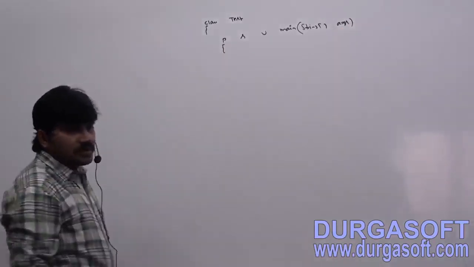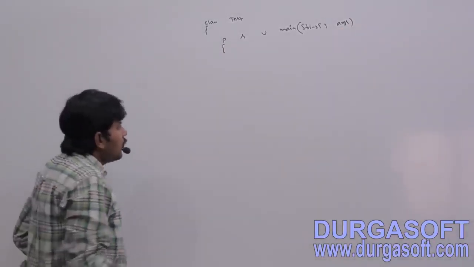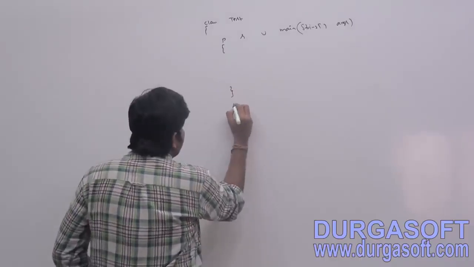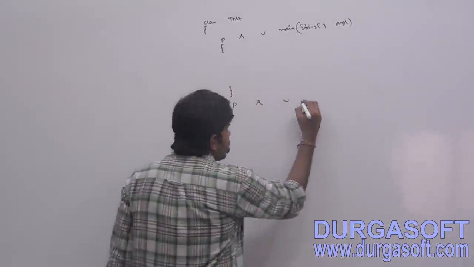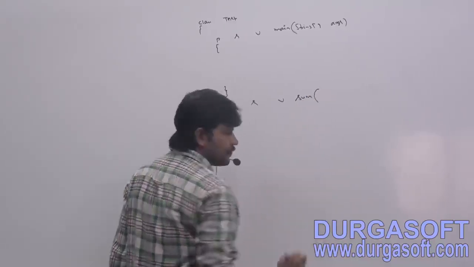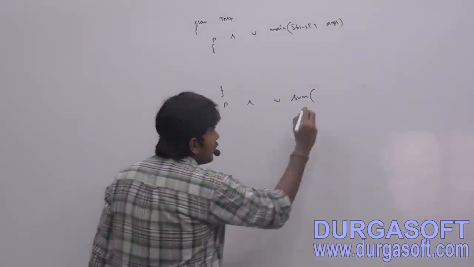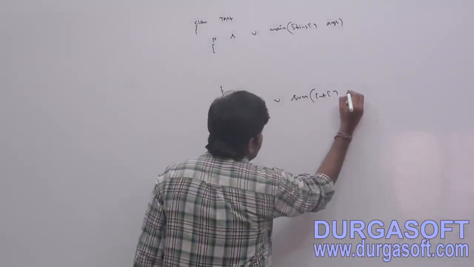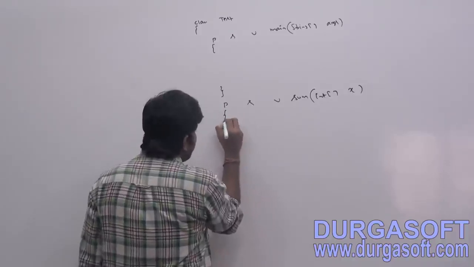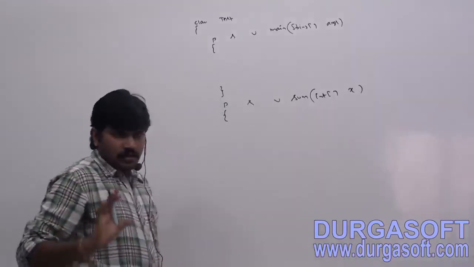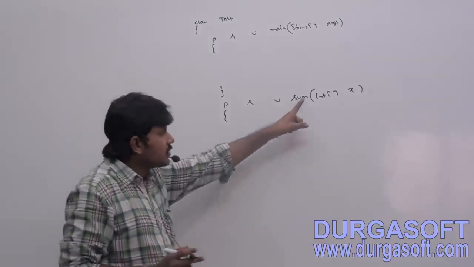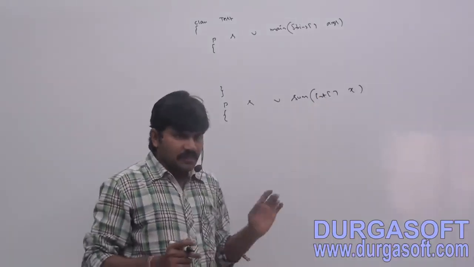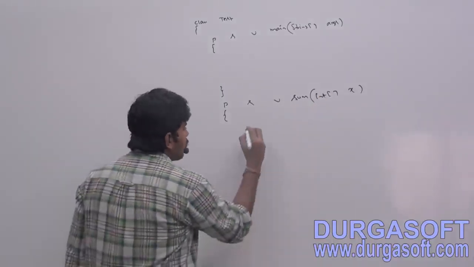Here just observe, I have one method, public static void sum. The sum method can take an int array as argument. The purpose of the sum method is to print the sum of elements present in this array.